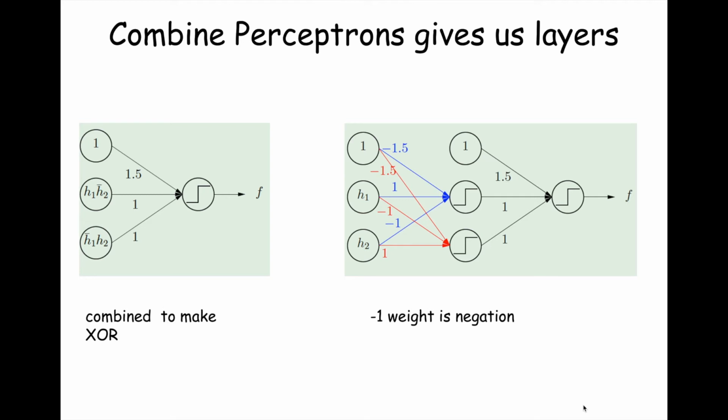And so XOR, if you have two inputs, H1 and H2, you can build an exclusive OR by taking H1 ANDed with H2 bar, and then you OR that with H1 bar ANDed with H2, right? And so here we have an OR gate, and this OR gate is used to compute the exclusive OR between the output of hypothesis 1 and the output of hypothesis 2, where each one of these hypotheses can output either a +1 or a -1.